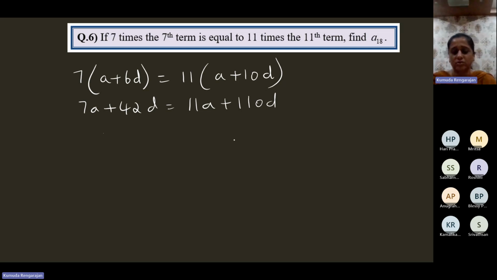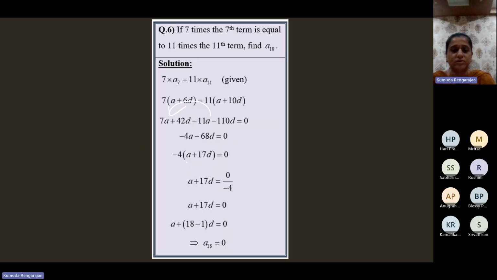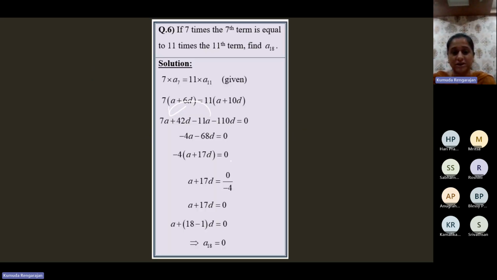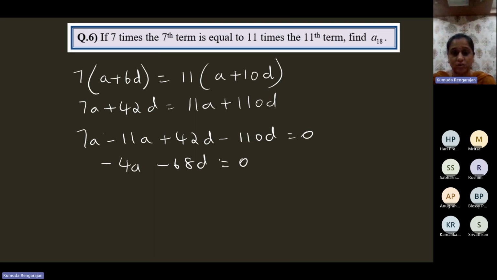I'll just do the way you saw here in the slide. So 7A minus 11A plus 42D minus 110D is equal to 0. Minus 4A, minus 68D is equal to 0. I've taken minus 4 common. You can also change the signs throughout.